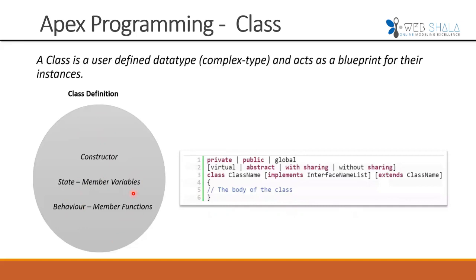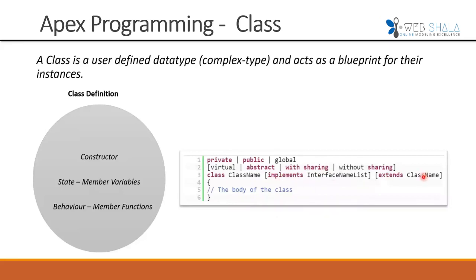For now you only need to understand that whenever we are taking an interface, we use the keyword implements. Whenever I want to use a previous interface already created by Salesforce Apex, I will use the keyword implements.